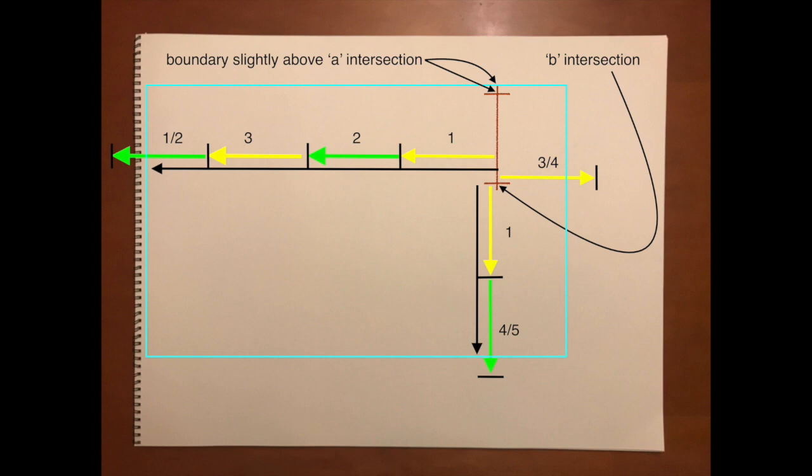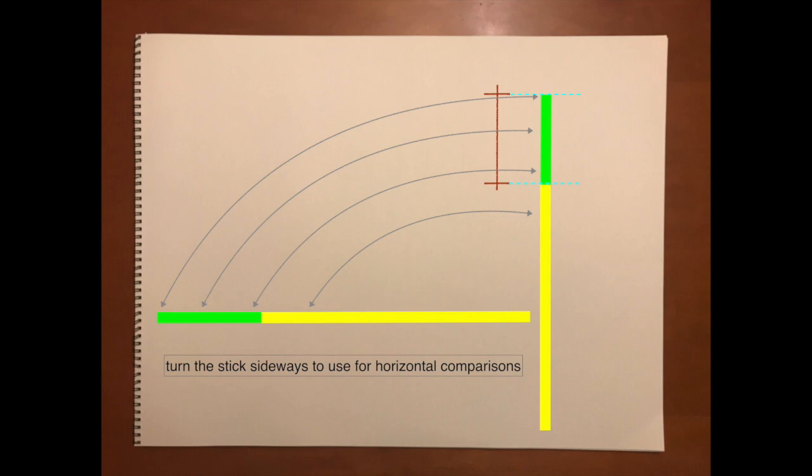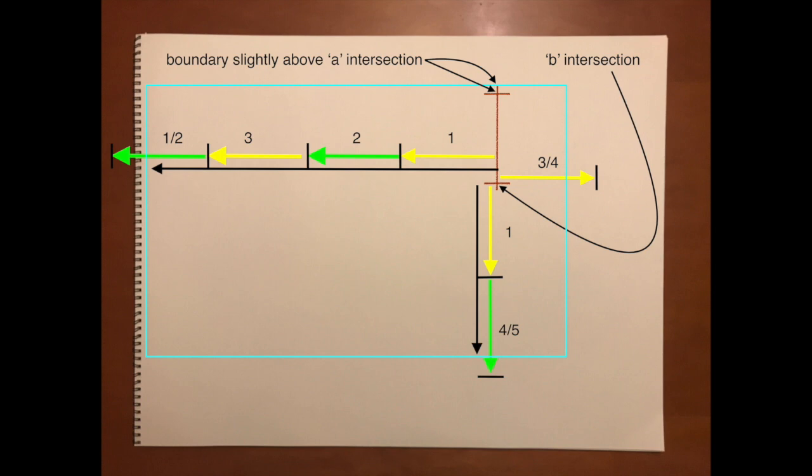Then we'll flip it sideways and go from that B intersection of our paper schmedium and count over to the left 3 and slightly more than 1/2 to find our left boundary. Then we'll do our right boundary: we take our paper schmedium, it's horizontal again, and we move right from the B intersection and find 3/4 over to get our right boundary.